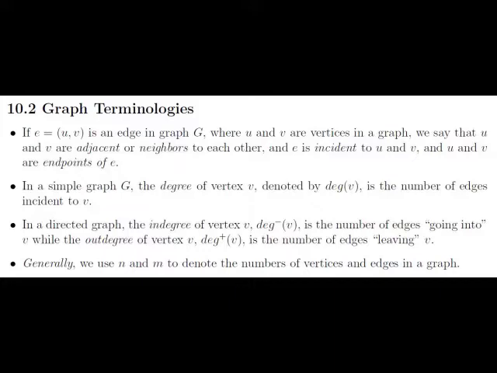We say that u and v are adjacent or neighbors. So if two vertices u and v are connected via an edge, then they are adjacent or they are neighbors. And e is incident to those vertices u and v, and those two vertices are called the endpoints of the edge e.